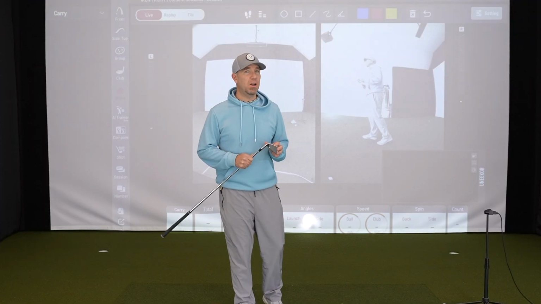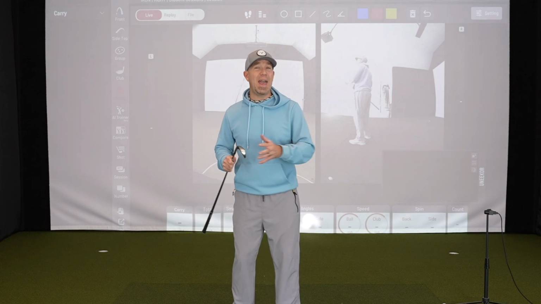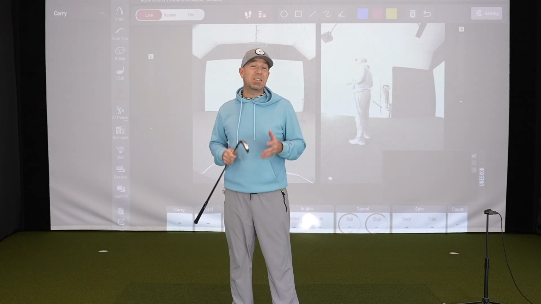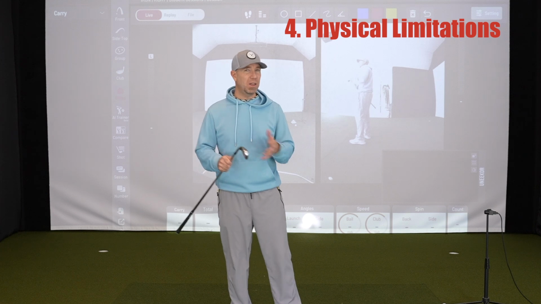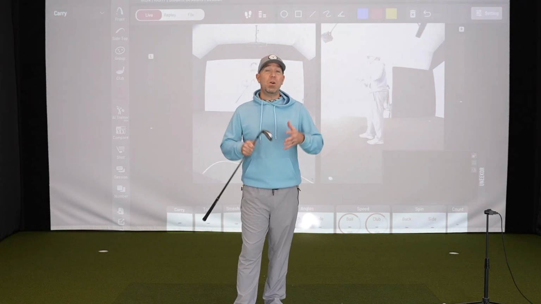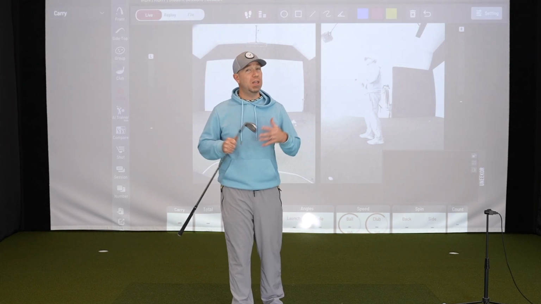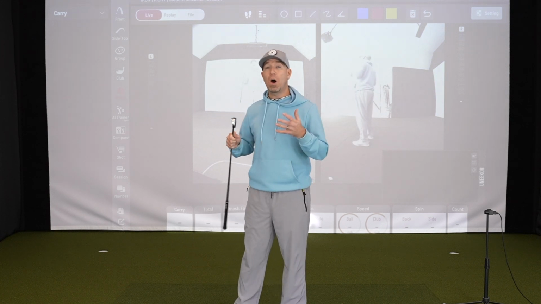The fourth and final thing I'm going to talk about here really can prevent you from doing any of these things. And that is if you have any type of mobility issues, if you have any injuries you're dealing with. As we get older in age, unfortunately, these things happen more often. Mobility issues happen more often.